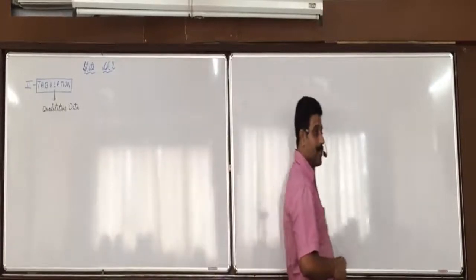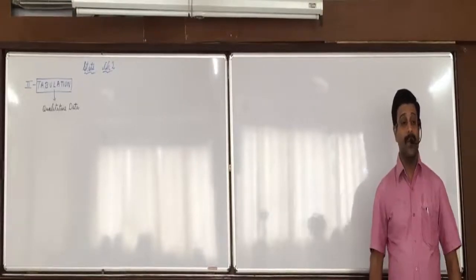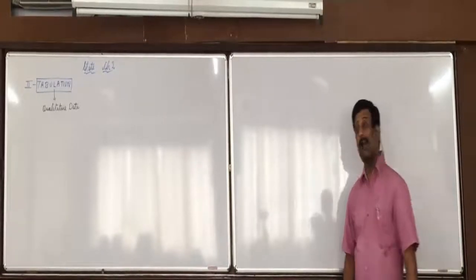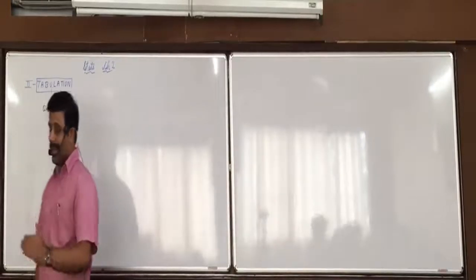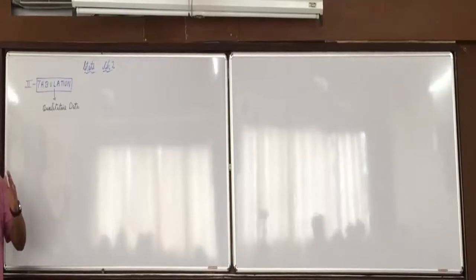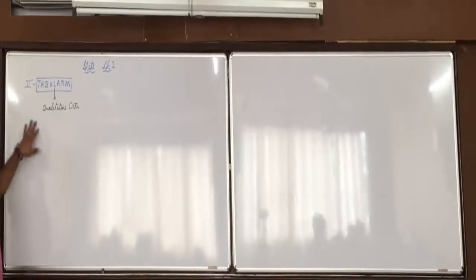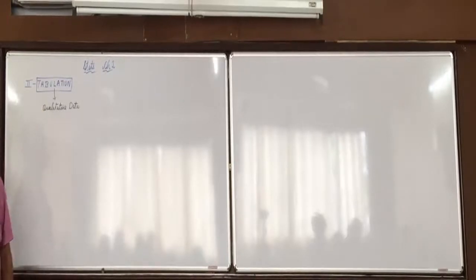How do you represent the qualitative data? By attributes, not by numbers but by attributes. So those attributes, when you present them in the form of rows and columns, it is called a table.